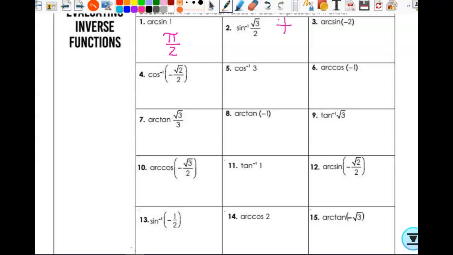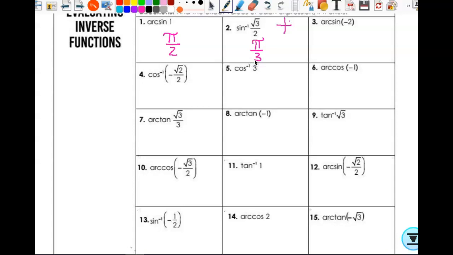So then I just have to ask myself, what angle gives me a sine value of the square root of 3 over 2? And you can use your hand trick for that as well. All you have to do is make square root of 3 over 2 happen where sine goes, and then this is your answer. What is it? Pi thirds. And since it's first quadrant, I put that as second quadrant. Don't ask me why I did that. Sorry. First quadrant is right there. And then my answer is just whatever that is, which is pi thirds.